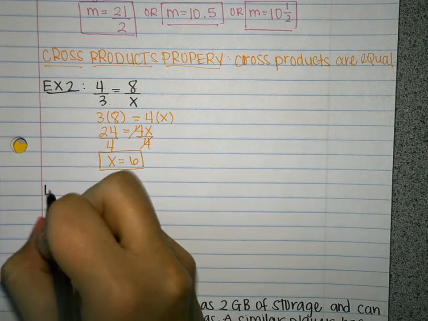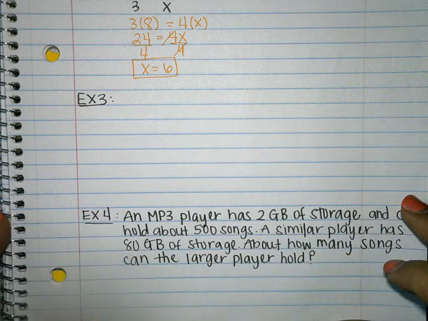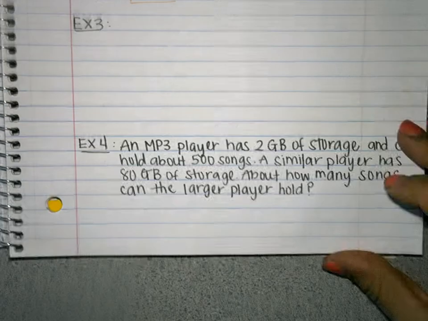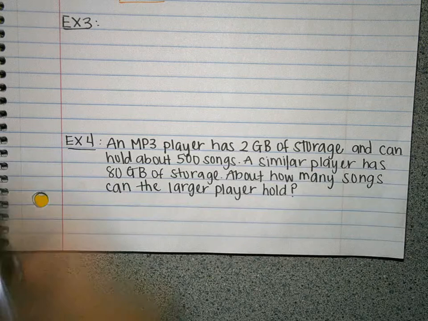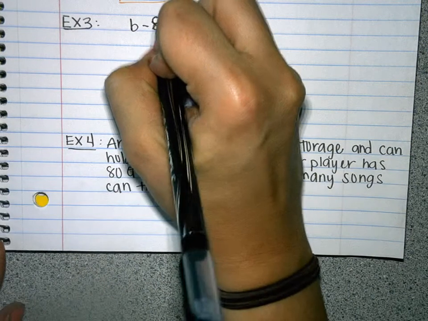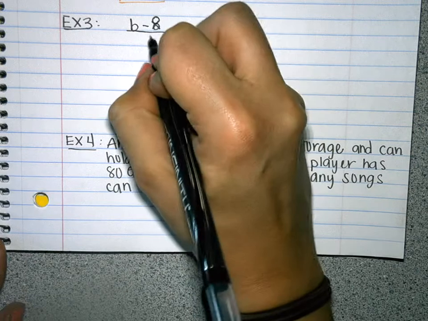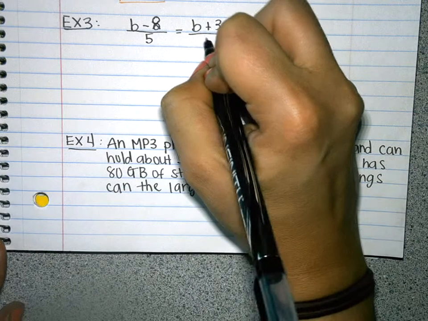So let's make it a bit more complicated. So example 3, I'm going to put quantities in here. So b minus 8 over 5 equals b plus 3 over 4.